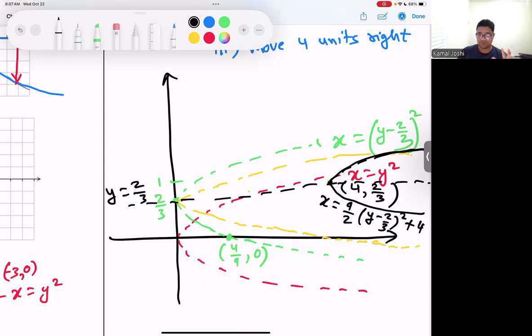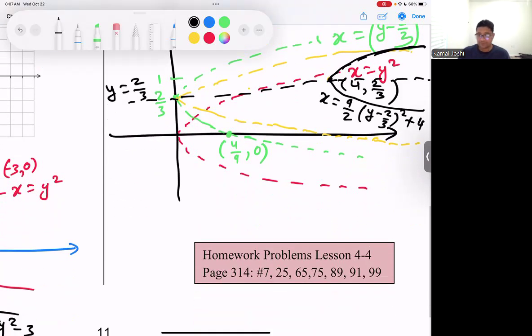You're stretching it horizontally, so you get that yellow graph, which is much narrower looking. Then you do +4 on the x values, so you're moving to the right. And you have the new vertex at (4, 2/3). Okay?